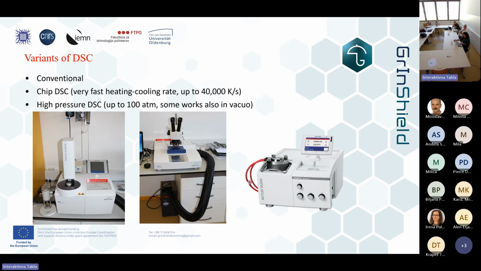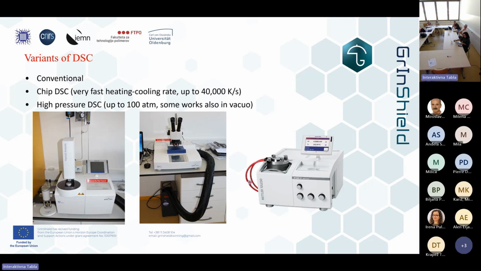Here it's the picture in the middle. It's also in our lab. It's called flash DSC. Here we can heat the samples at a rate of 40,000 kelvins or degrees Celsius per second. So very fast. Cooling is a bit slower, but it's still, I think, 4,000 kelvins per second.